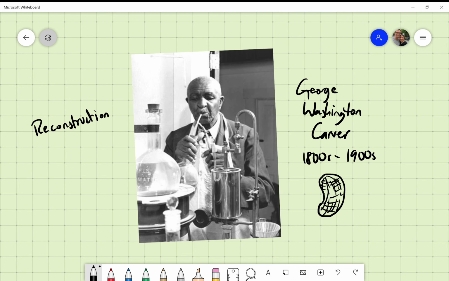And so George Washington Carver worked as a professor at the famous Tuskegee Institute, which was led by Booker T. Washington. And it was specifically aimed at former slaves and giving them solid skills in agriculture, in construction, in all sorts of fields, very practical skills, so they could work and support their own families and have dignity.